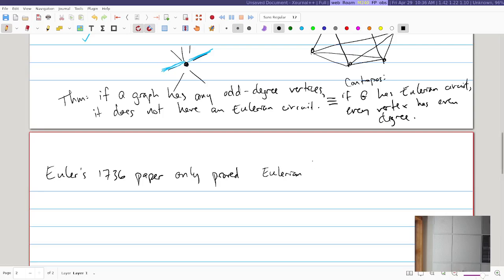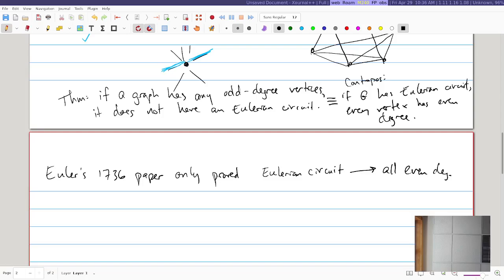Well, he didn't call them Eulerian circuits; that would have been kind of full of himself, but other people called it that. He proved that if there is an Eulerian circuit, then all the degrees are even. Or, contrapositively, that if there's any odd, then it can't have an Eulerian circuit.